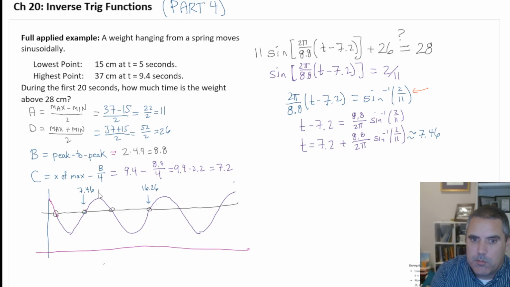Then the job becomes finding the symmetric solution. So this is where you use that helpful idea of b over 4, which I think is 2.2. And this little spot here is 7.2.